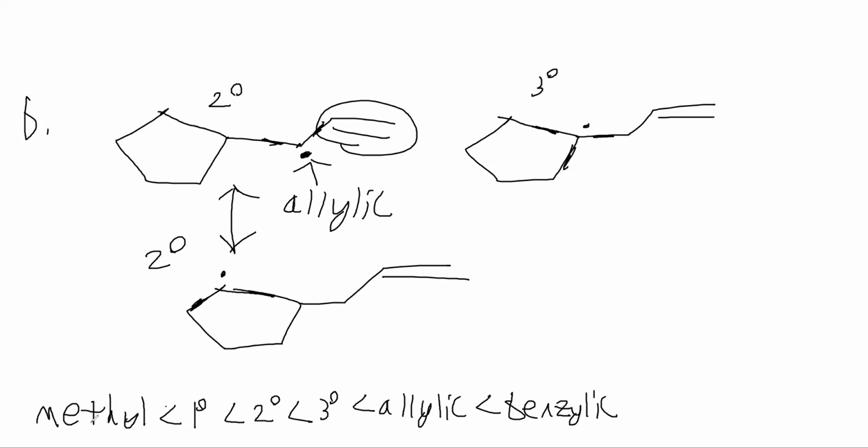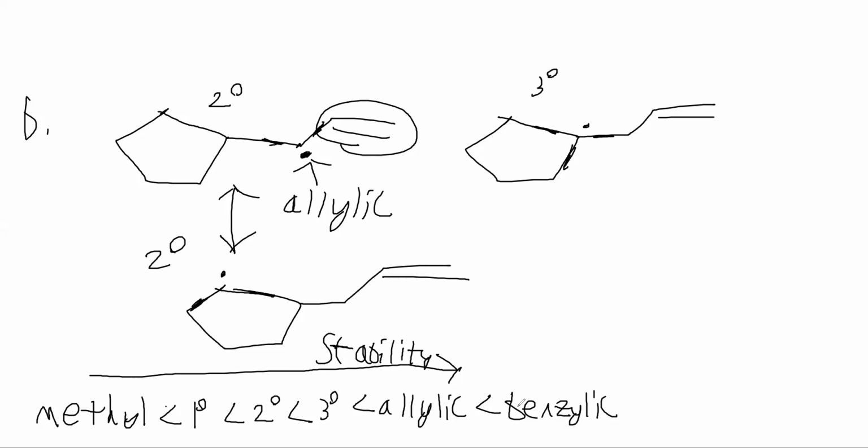From left to right, this is increasing stability for radicals. It doesn't look like it's E. My bad.